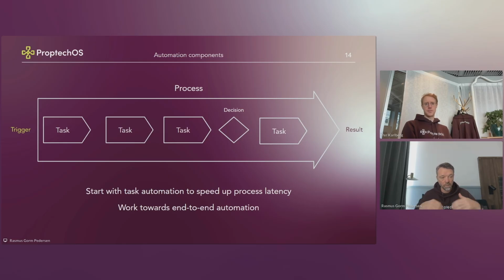Of course, have a look at our webinars, and then you can define these 5 or 10 processes where it's really a no-brainer to add a little bit of automation.